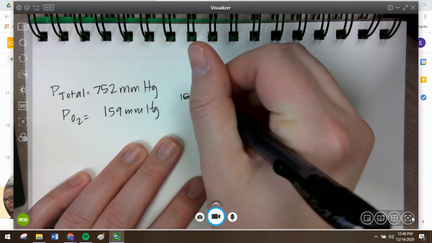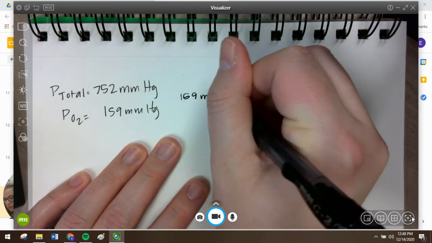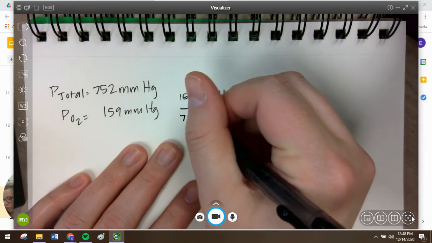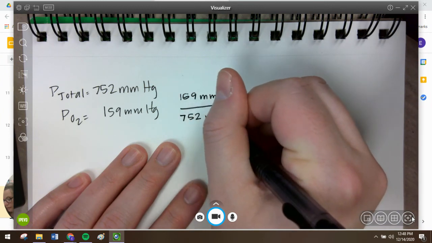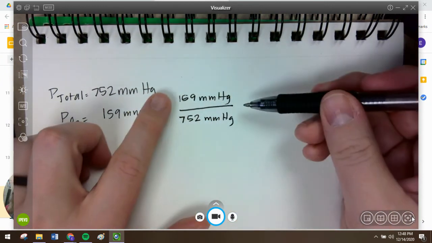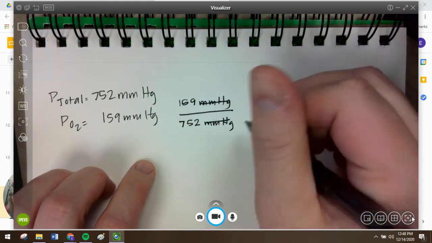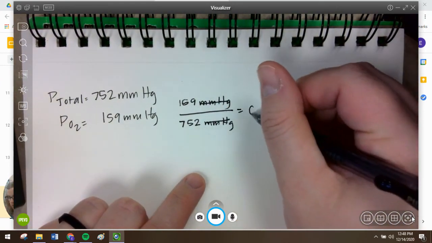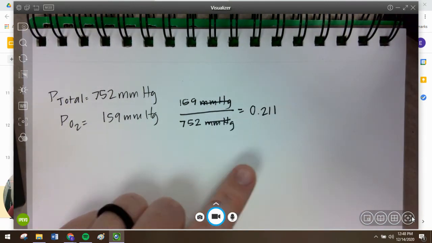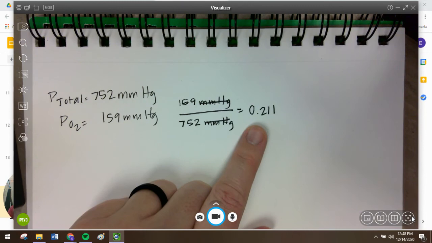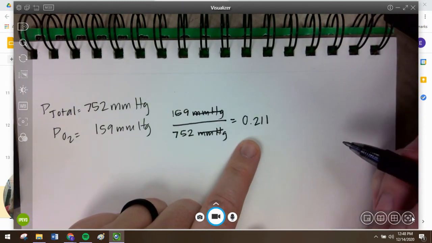I'm going to take 159 millimeters of mercury and divide that by my total pressure inside my container. If you notice here, these cancel out, and when I divide those two I get 0.211. So the pressure of oxygen is contributing a little bit more than 21% of my total pressure in my container.